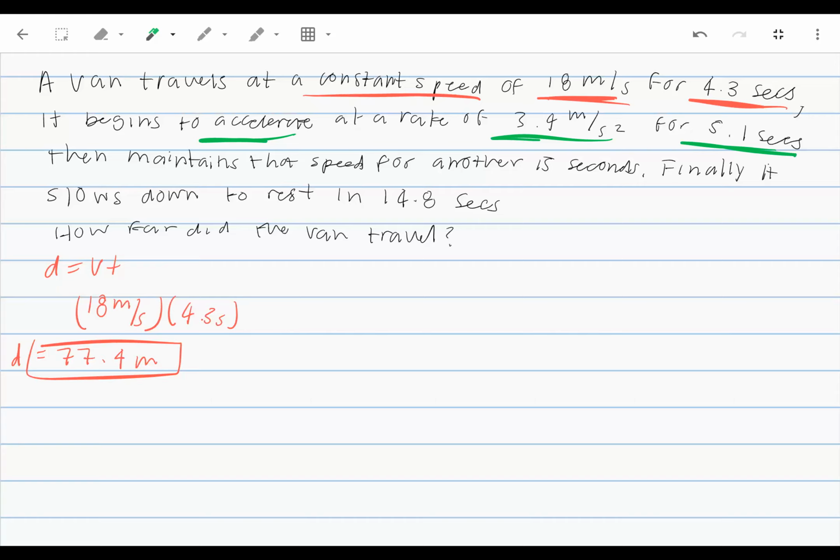We have our initial velocity, we need acceleration, we need time, and we need final velocity.